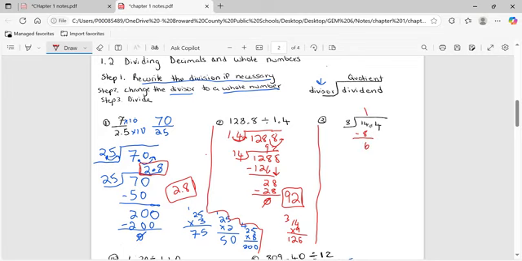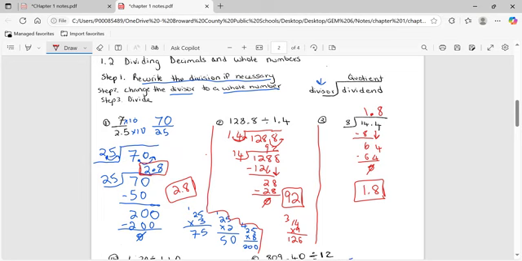Now, I see a decimal. So before I carry down the 4, I actually need to carry the decimal up. Now I can carry down the 4. And I could say 8 can go into 64 how many times? 8 times. 8 times 8 is 64. I'm done. So my answer is 1.8. That one wasn't that bad.